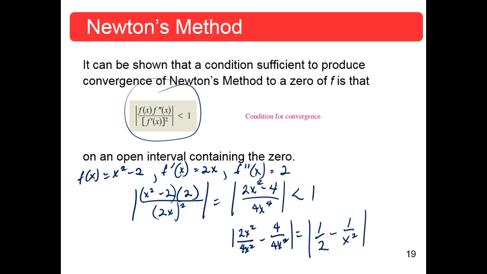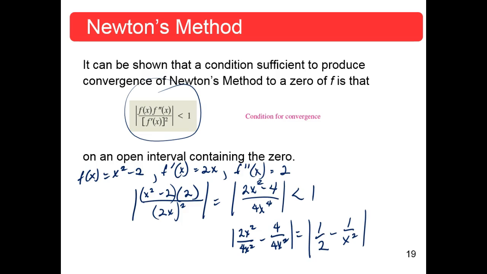Yeah, we've got problems near 0. Let's just say x is 1, then we've got a problem. Well, no, we don't. Sorry, I forgot about the absolute values.